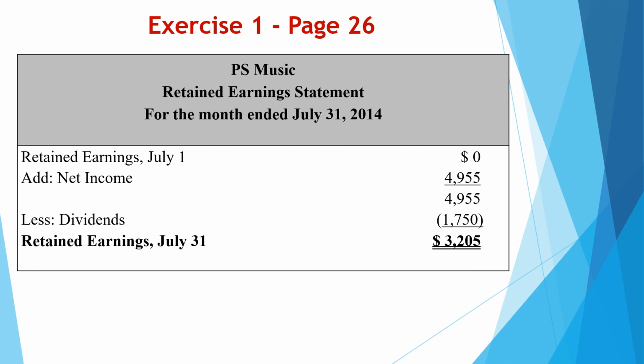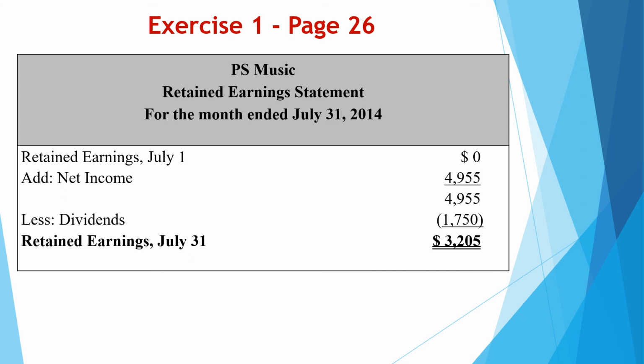Now let's prepare the retained earnings statement. We start with the title of the statement: the name of the company, PS Music, retained earnings statement, and then for the month ended July 31, 2014. In this exercise, we have net income.